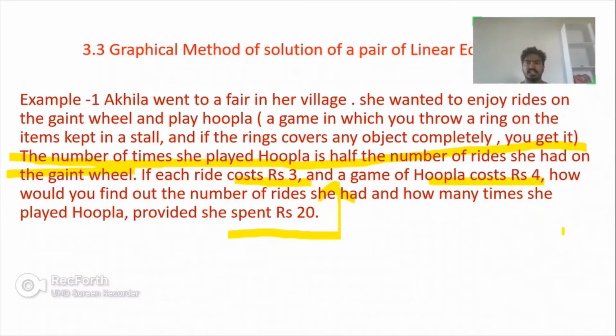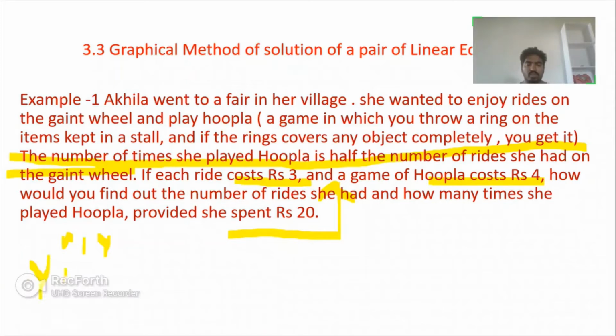Okay. So let us consider the number of times she had a giant wheel ride to be x, and the number of times she played hoopla to be y. By using the first condition, the number of times she played hoopla is 1/2 of the number of rides she had on the giant wheel. So we are treating hoopla as y.